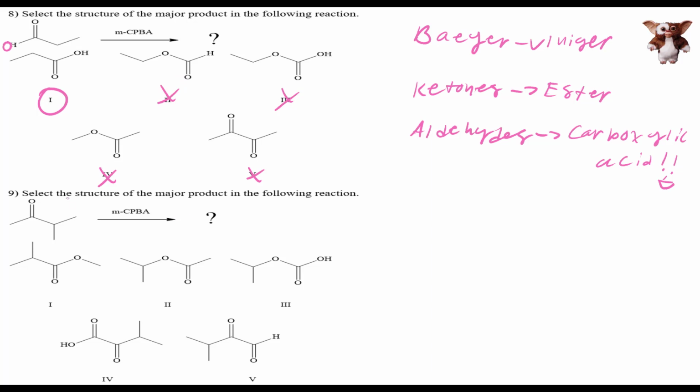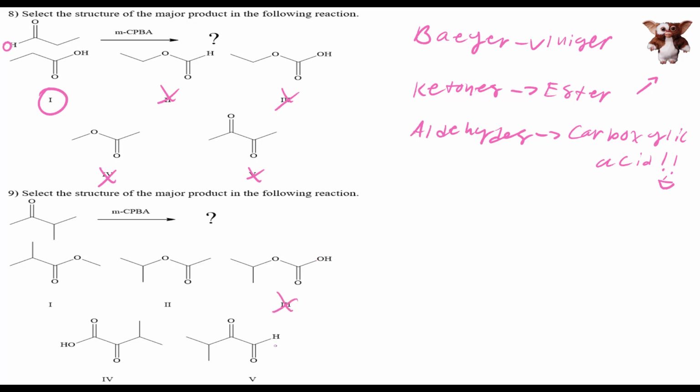Now for number 9, now you're working with a ketone. So you should know the answer, or at least what it should look like. You should be saying, okay, well, Brian and Gizmo, the classmate, Gizmo said that, hey, whenever I have a peroxy acid and a ketone, I should be expecting an ester. So there should be no carboxylic acids or anything with alcohols.